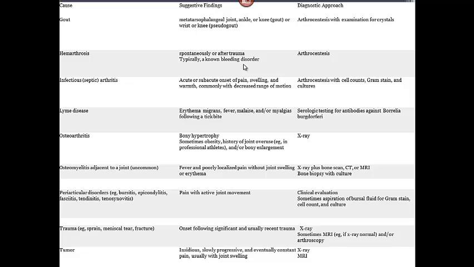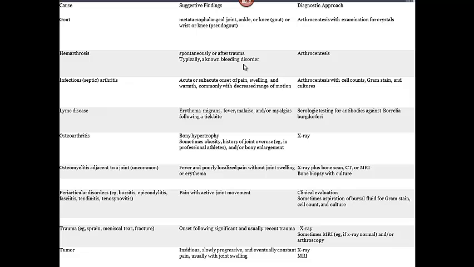And these patients will complain of acute pain and effusion that is spontaneous most of the time, and most of the time is in the knees, and could be associated with trauma, but if it's a bleeding disorder, could occur spontaneously. How do you diagnose this? Again, by arthrocentesis.